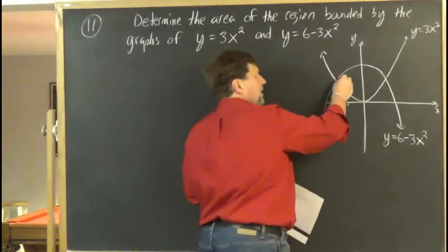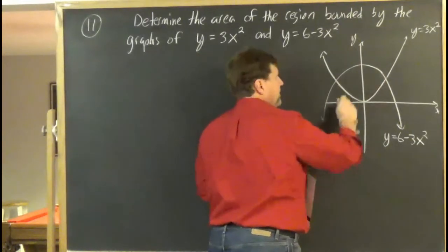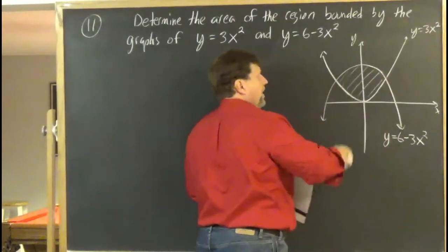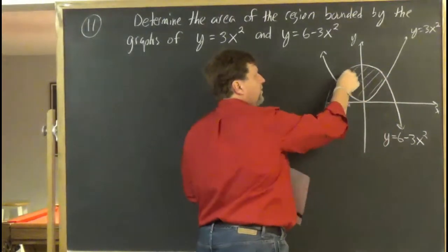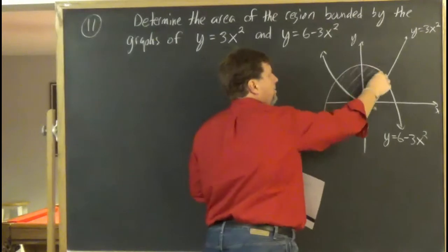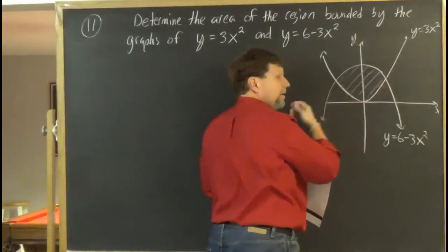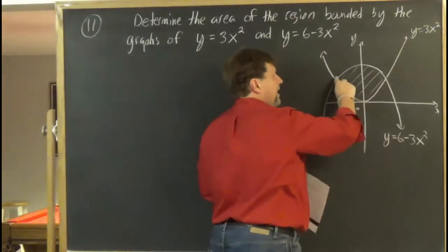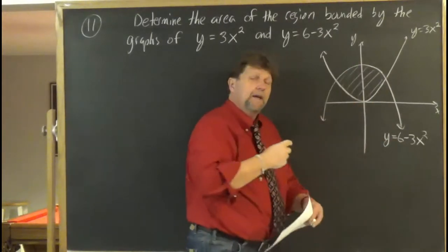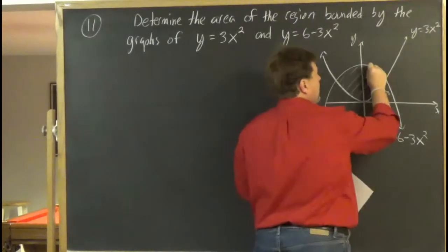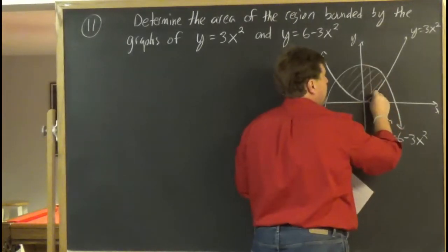On this region, bounded by those two graphs, no matter where I put that representative rectangle, 3x squared is the bottom curve, and 6 minus 3x squared is the top curve. So it doesn't matter where I put it, I'm just going to arbitrarily put it here.